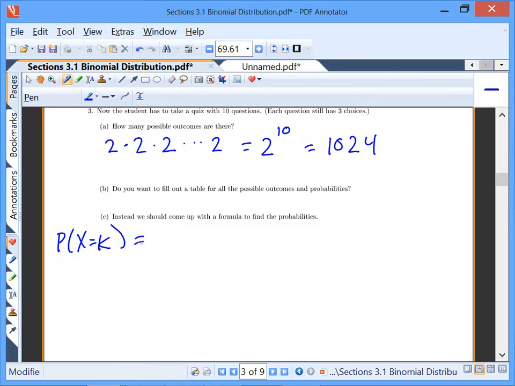So if I want k correct, I'm going to need 1/3 to the power of k, because I need to get k of them correct, which means if I get k of them correct, how many do I have to get wrong? Or in this case, 10 minus k. Since I have 10 questions, if k of them are correct, that means that 10 minus k are wrong. What else did we need?